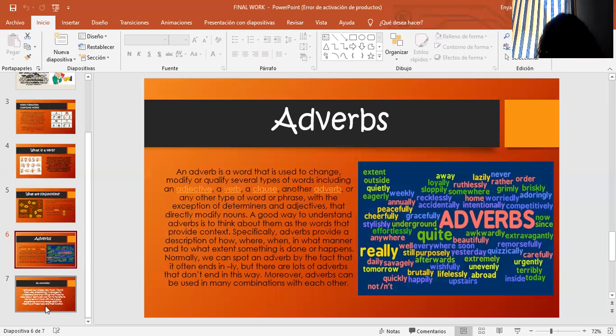Well, we can find different kinds of adverbs, like the adverbs of manner that explain how an action is carried out. Very often adverbs of manner are adjectives with ly.